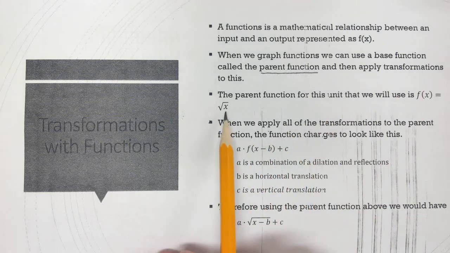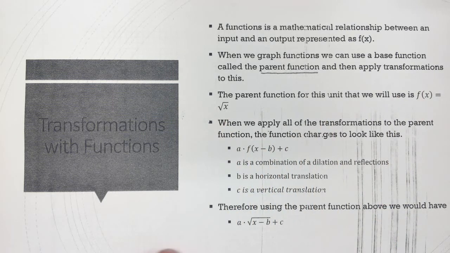So we're going to use the square root of x. And when we apply the transformations to the parent function, the function changes to look like this. Instead of f of x, it's going to be a times the function of x minus b plus c.